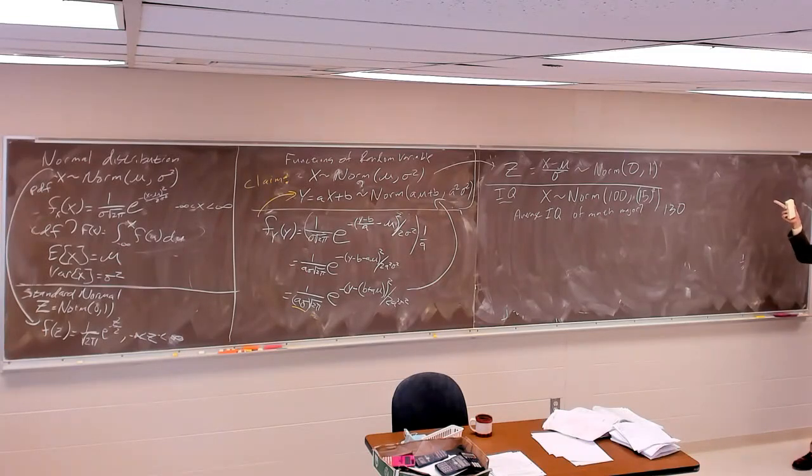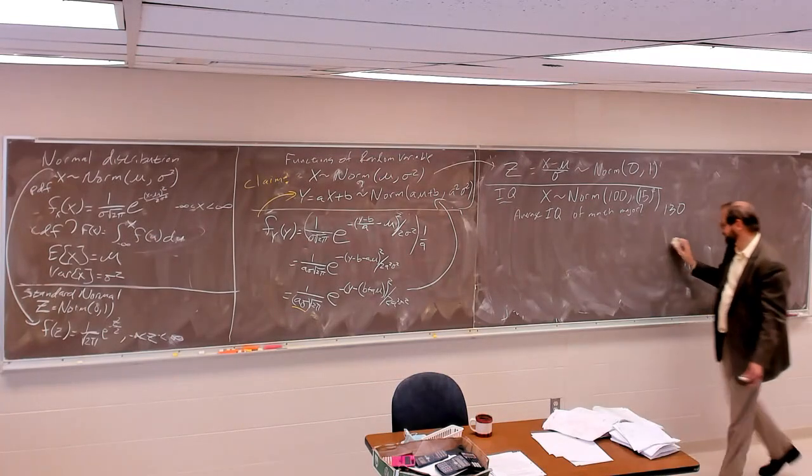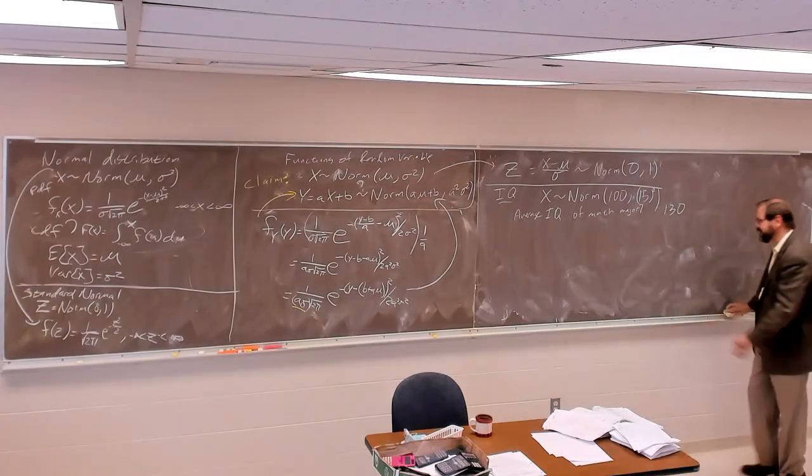One major was higher than that. Does anyone know what major would be higher than that on average? Physics, yep. Physics was 132, so a little bit higher. And number 3, anyone guess what major would be number 3? Philosophy. So, anyway, there you go.